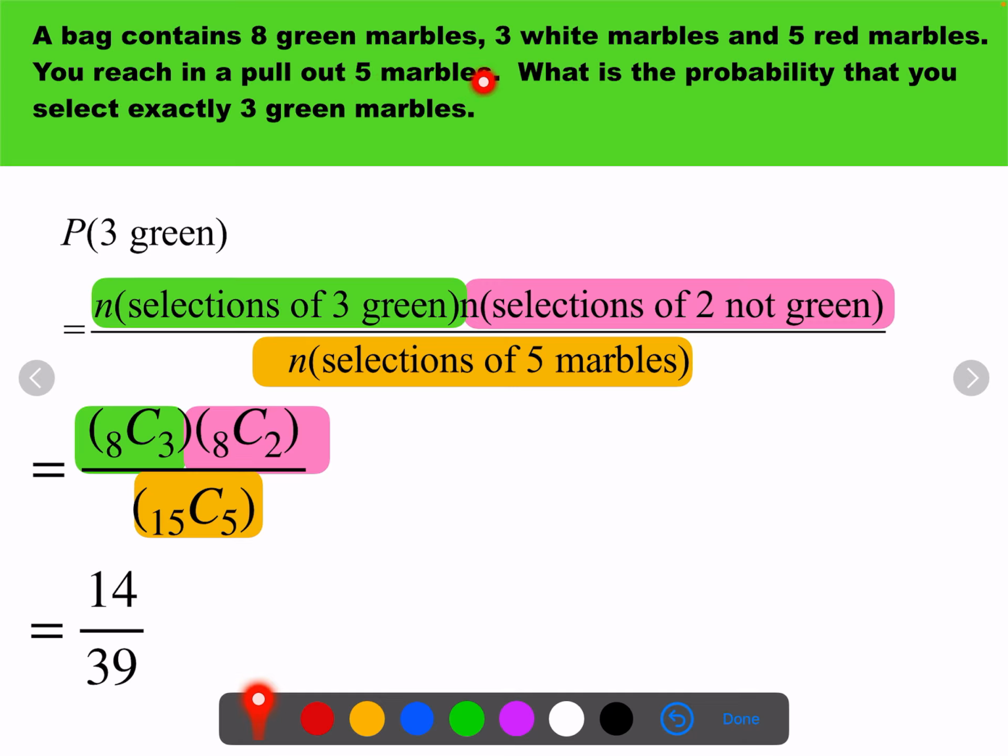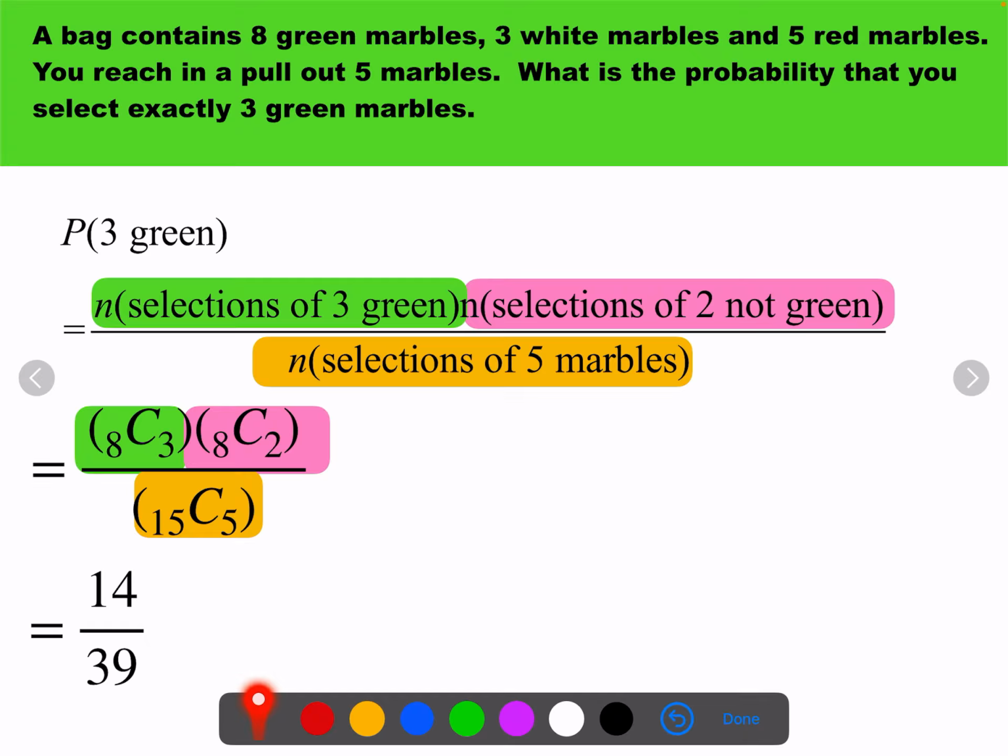Or I could reach in and pick one, don't put it back, pick a second one, don't put it back, pick a third one, don't put it back. Then we would have dependent trials because probability would change as I moved on. The mathematics, whether you use dependent probability or chooses, will give you the same answer. I tend to always do the choose method for a hypergeometric distribution. It makes it a little bit faster.